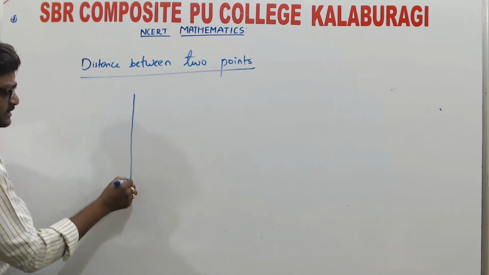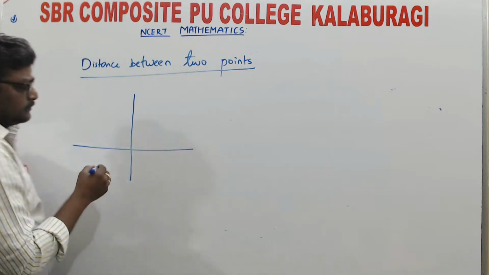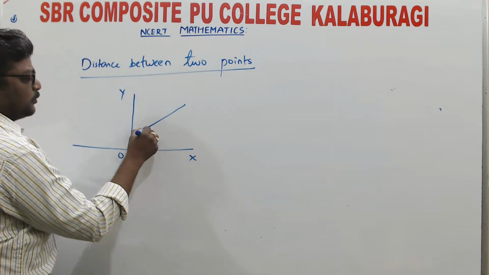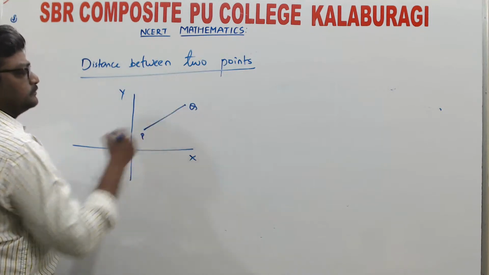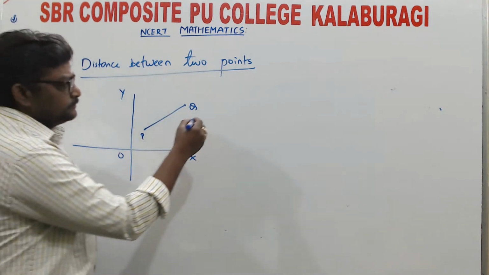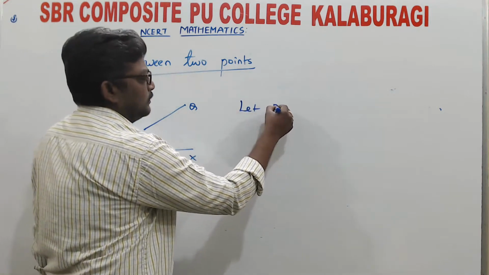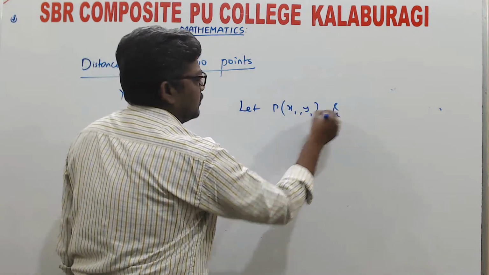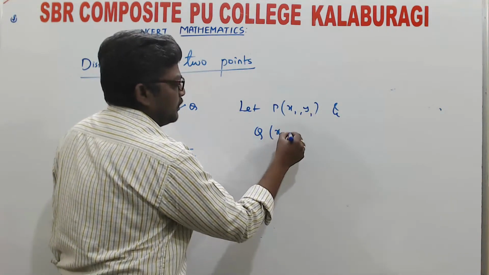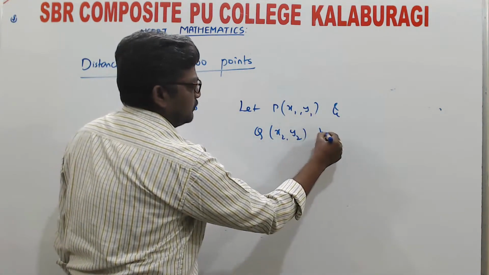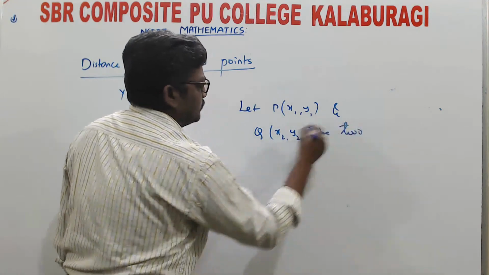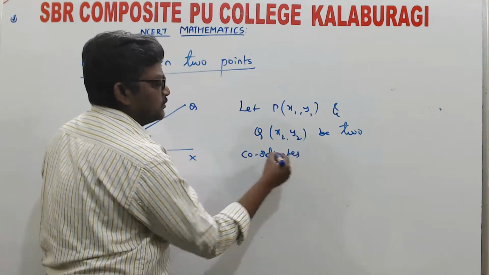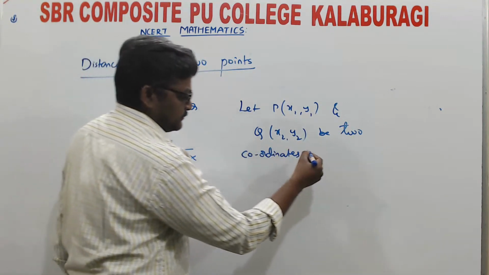In the coordinate system, the distance between two points P and Q: let P(x1, y1) and Q(x2, y2) be two points.